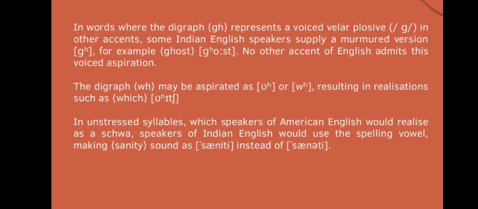The digraph WH may be aspirated, resulting in a realization such as which became which. In unstressed syllables, which speakers of American English would realize as a schwa, speakers of Indian English would use the spelling vowel, making sanity sound as sanity instead of sanity.